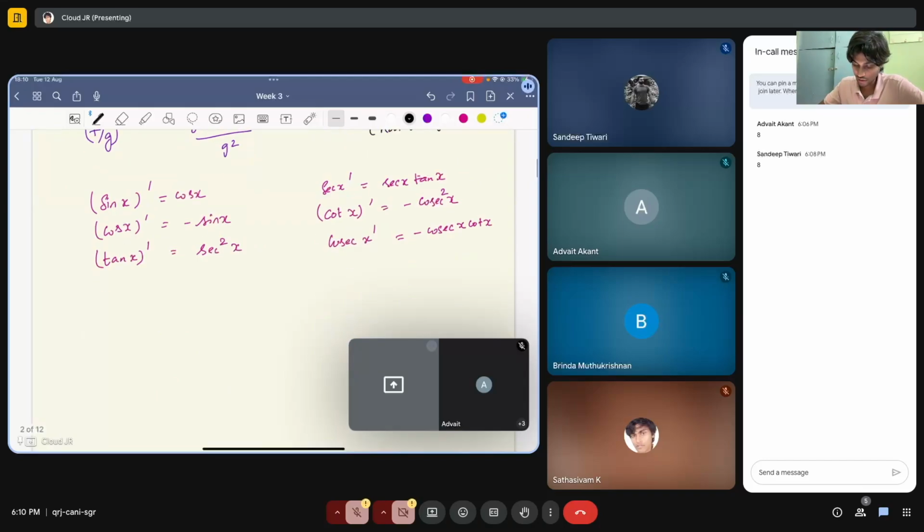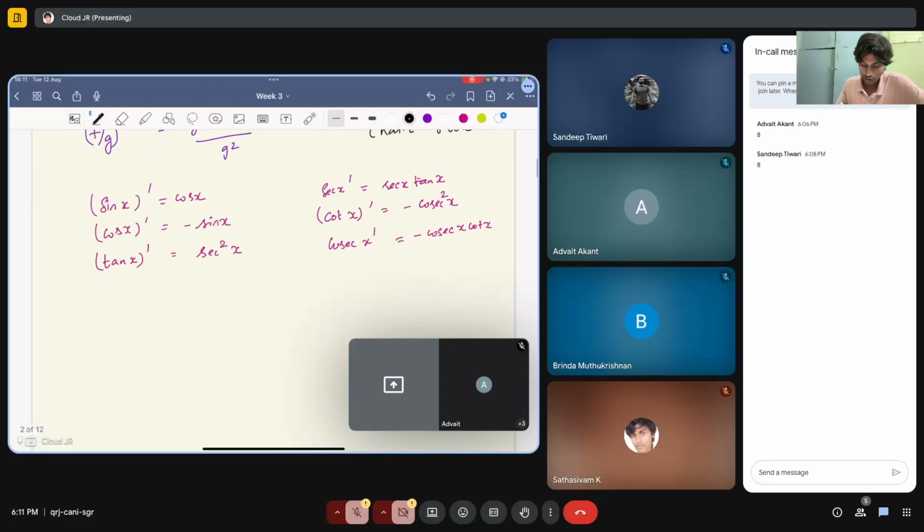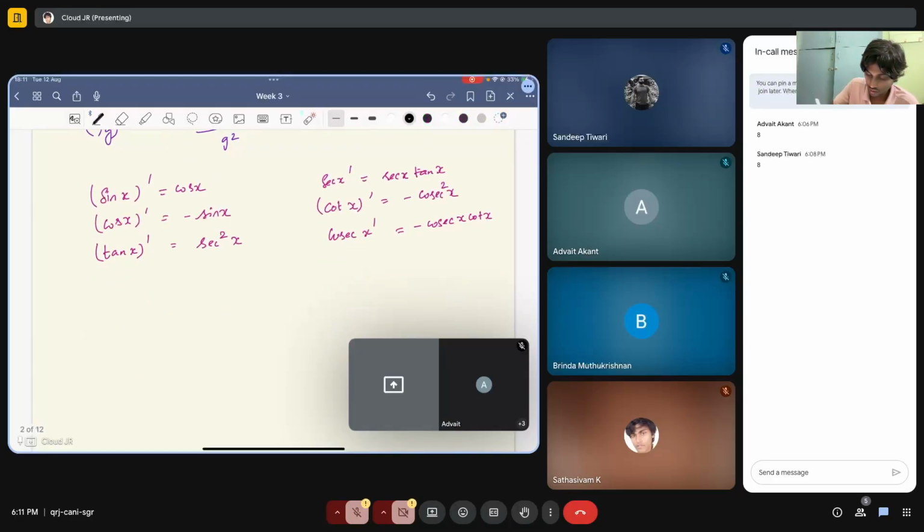Okay, so let us do a few more examples using these things, and then we'll move on. You might have seen the trigonometric functions, right? You might know sine, cosine, etc. What we are going to do here is try to find the derivatives of these trigonometric functions. I will assume that this derivative is known.